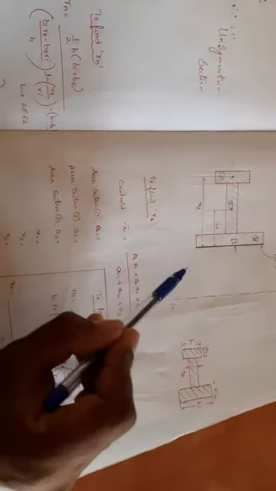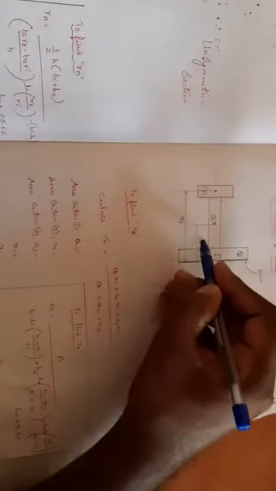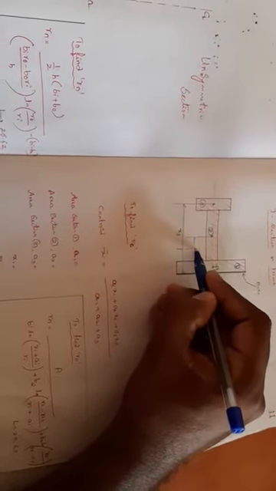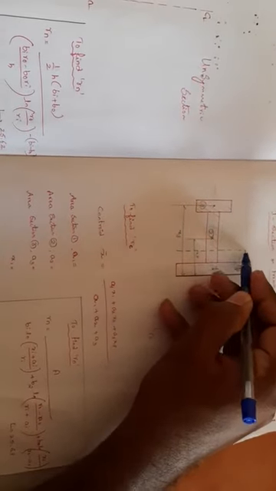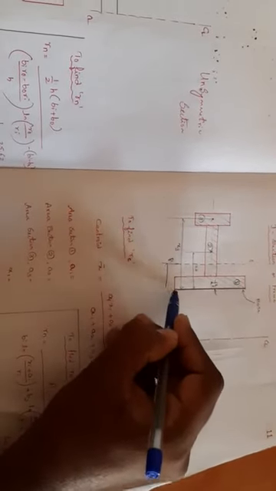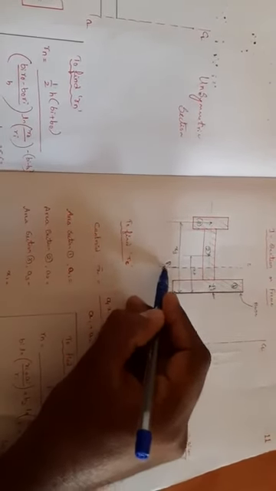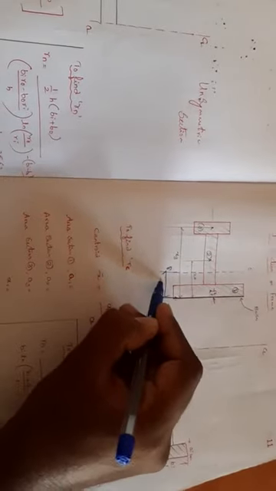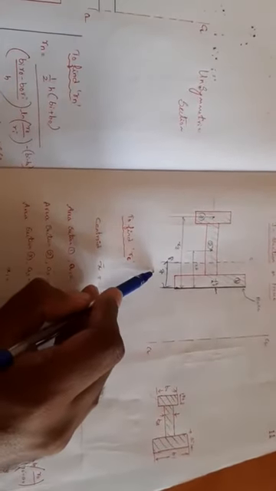So x bar is the distance from the centroidal axis to the base.